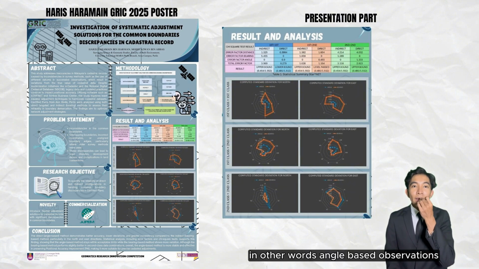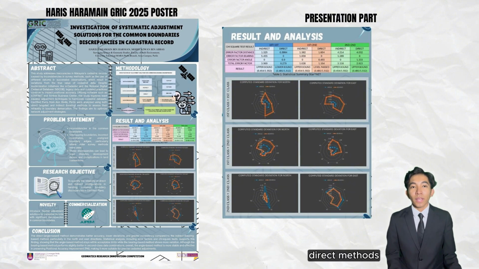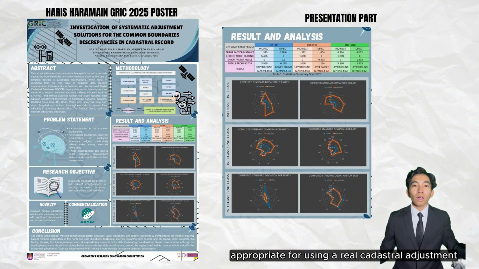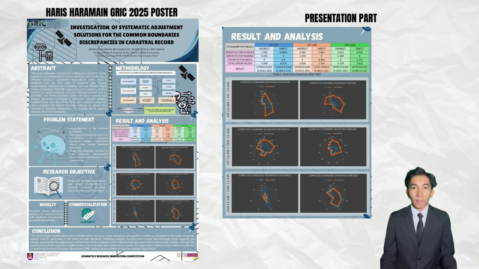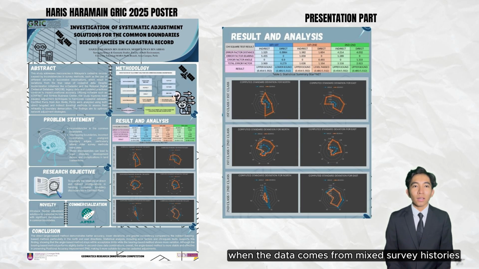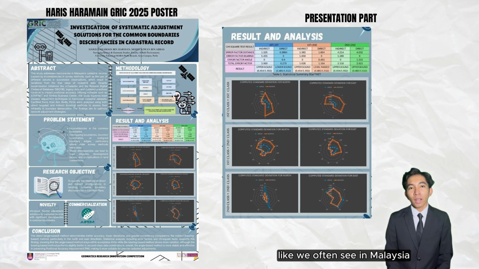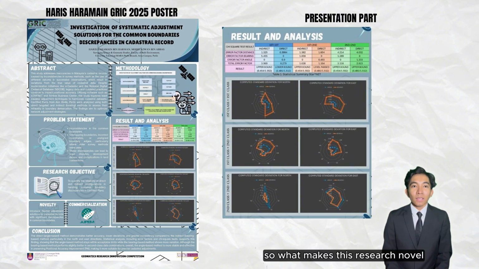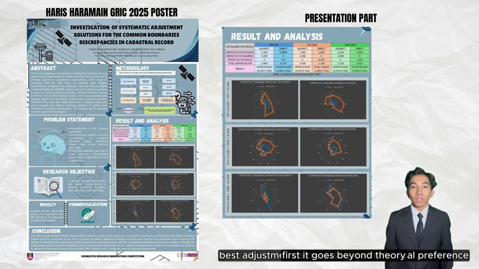In other words, angle-based observations, the direct methods, are more stable across different conditions, making them more appropriate for real cadastral adjustment, especially when the data comes from mixed survey histories like we often see in Malaysia. This confirms that angle-based adjustment is not just a mathematical preference, it's a practical solution.